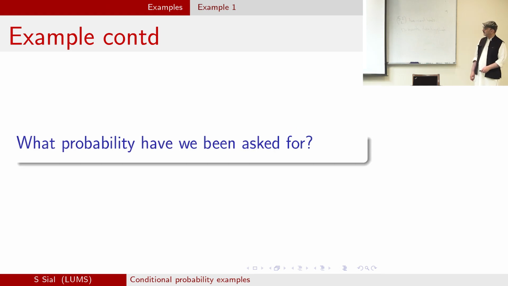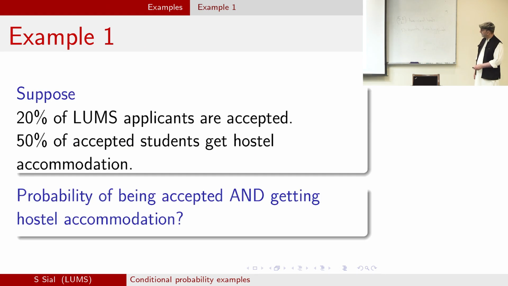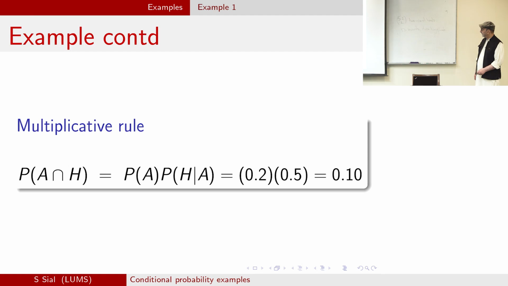What is the probability that we were asked for? Probability of being accepted and getting hostile accommodation, that's the probability of the intersection. So we can use our multiplicative rule.